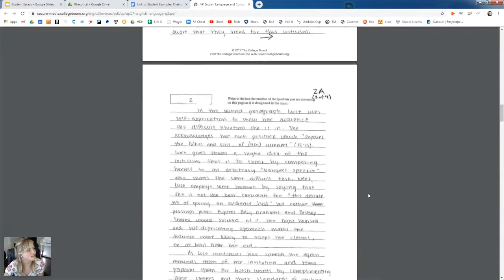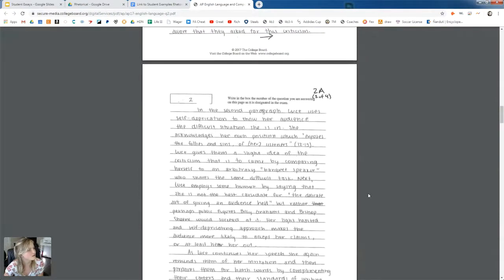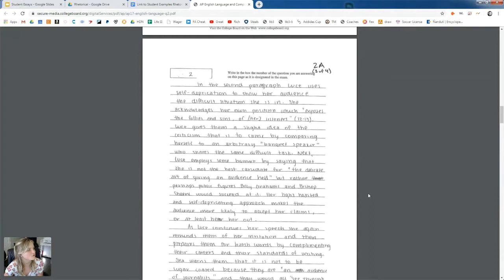In the second paragraph, Luce uses self-appreciation to show her audience the difficult situation that she is in. She acknowledges her own position, which exposes the follies and sins of her listeners. Luce gives them a slight idea of the criticism that is to come by comparing herself to an arbitrary banquet speaker who shares the same difficult task.